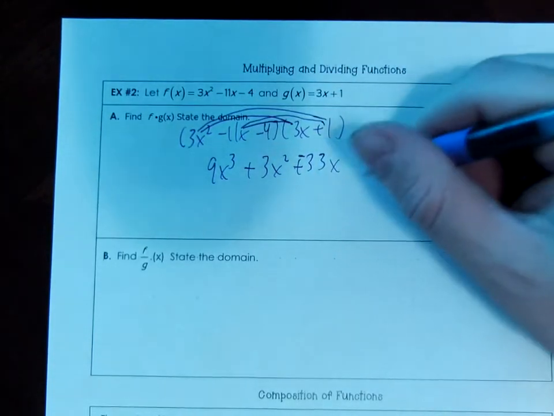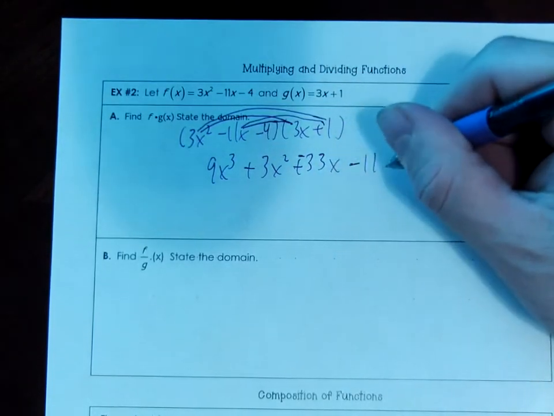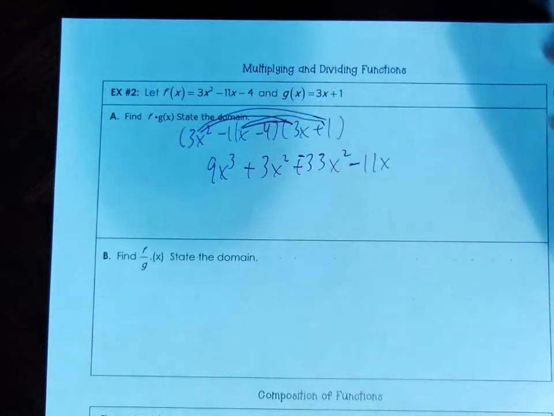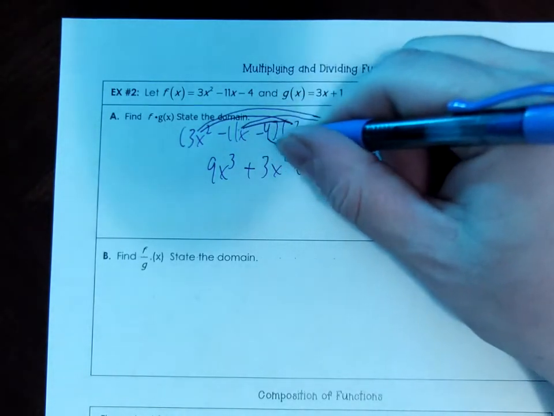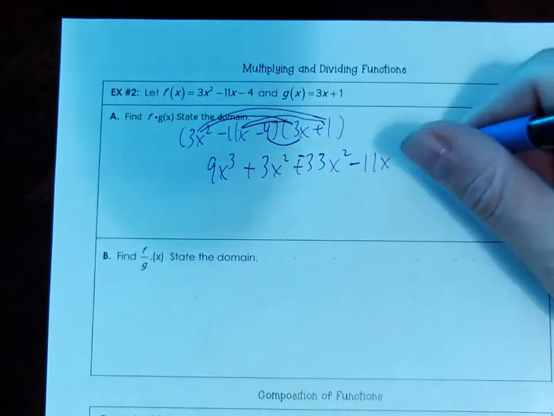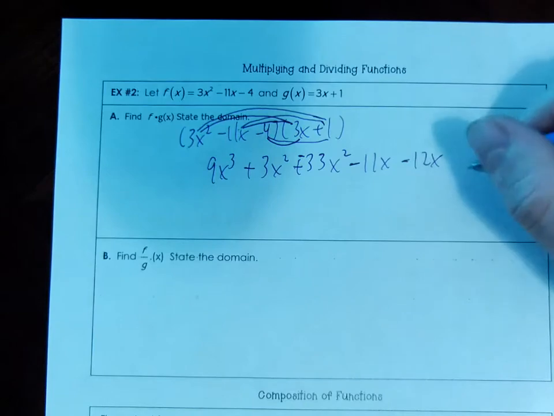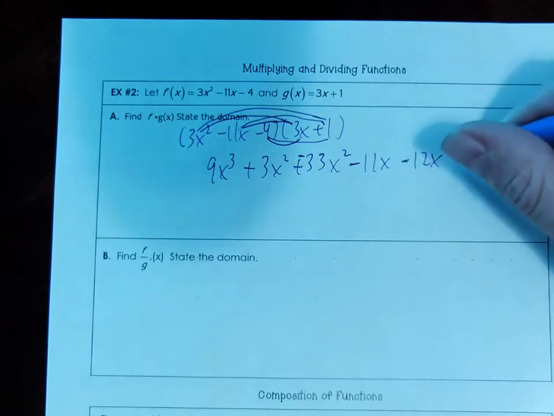Minus 11x times 1, so minus 11x. Then minus 4 times 3x, so negative 12x. Minus 4 times my positive 1 is minus 4.